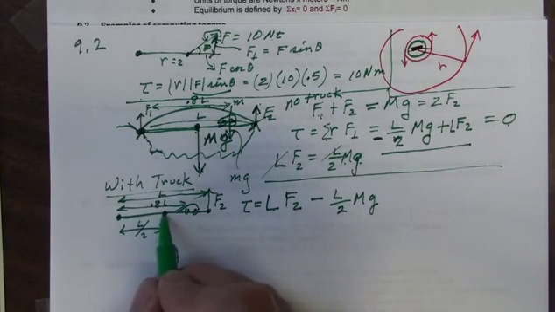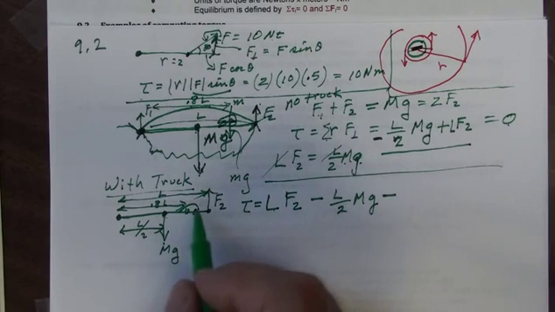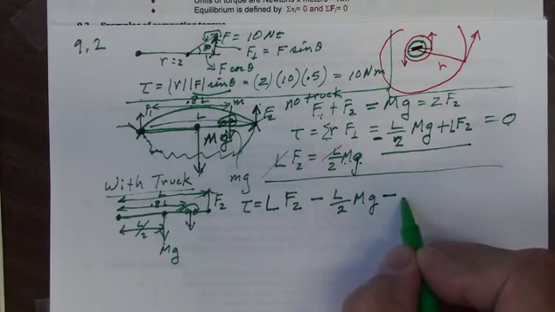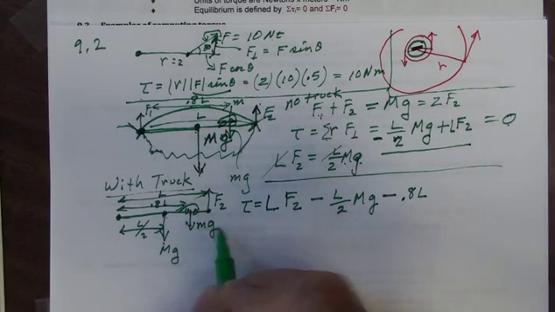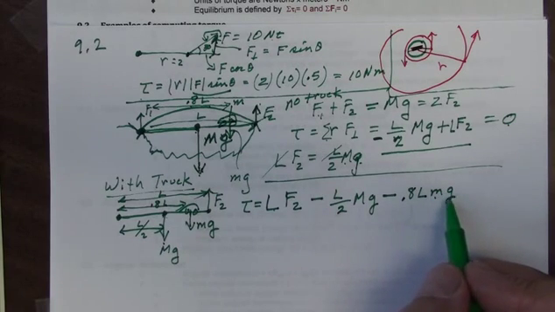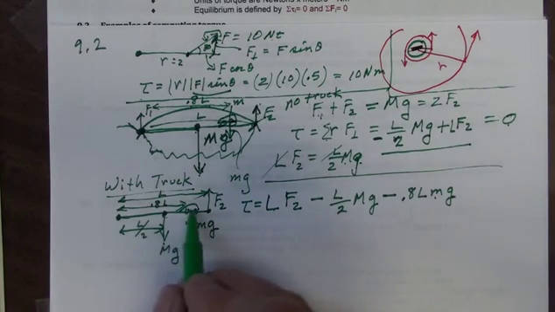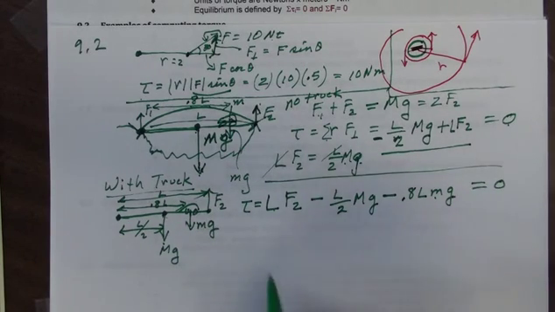That's the radius over times the downward torque. Minus, we've got another torque here due to the truck, and it has a distance of 0.8 L, little m times g, because that's the force downward, or the perpendicular force to the radius here. And so we want that to be equal to 0.